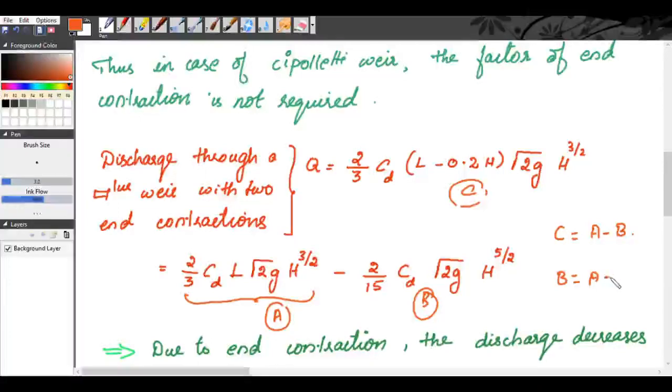It is A minus C. So from the discharge through the rectangular portion minus the discharge through the rectangular portion with end contractions, you can get this B. That is, what is the reason? How much discharge is reduced due to end contraction?